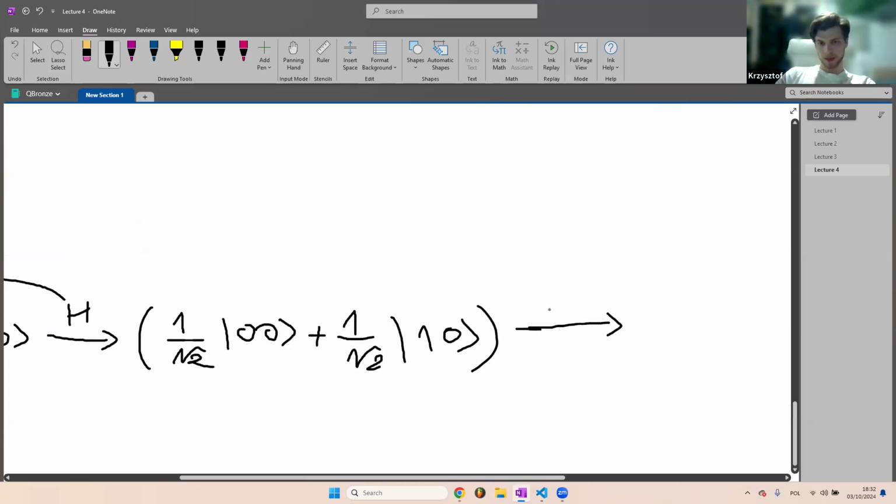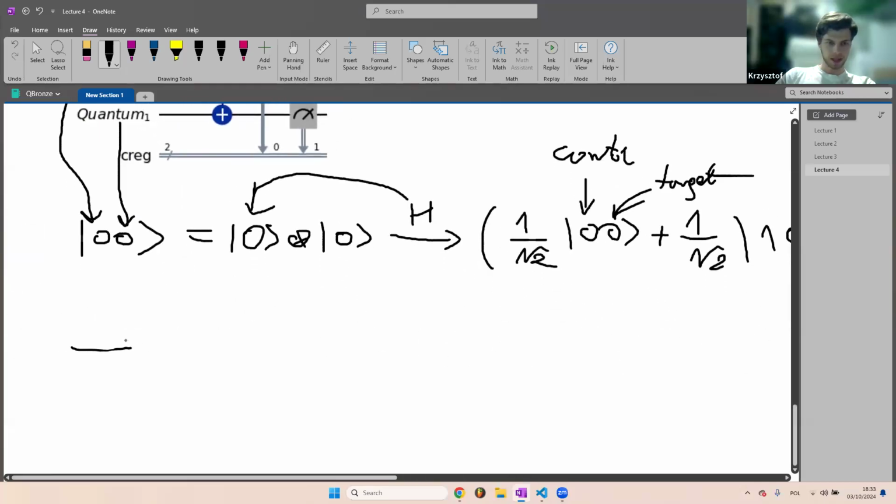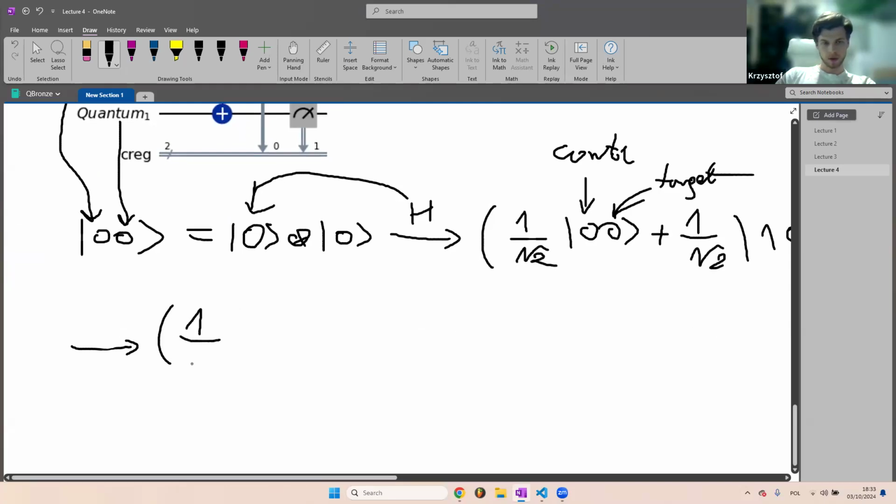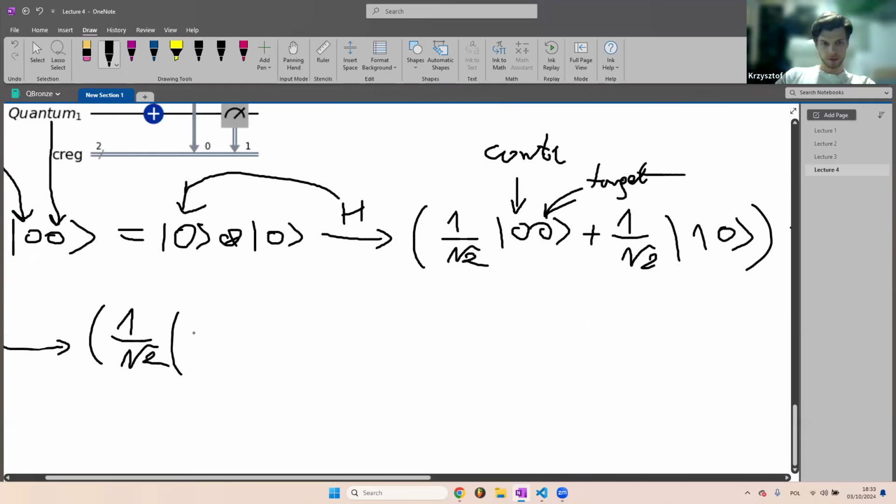Now let's try to apply a CNOT gate, where the first bit is the control and second is target. And after applying the CNOT gate, we will get the state 1 over square root of 2, 0, 0, because the state is not affected, plus 1 over square root of 2.